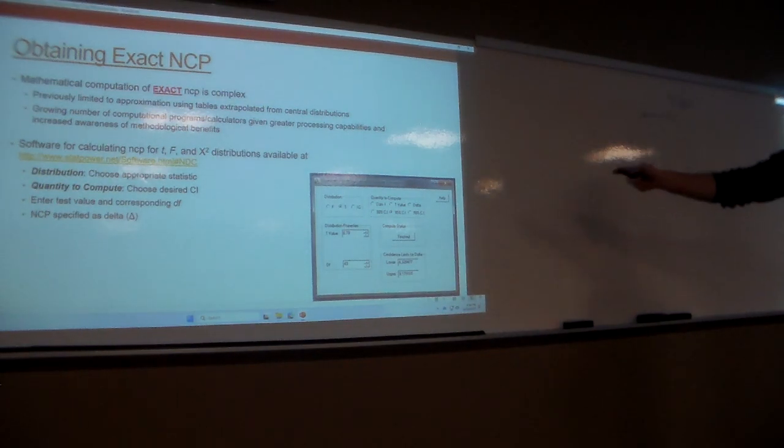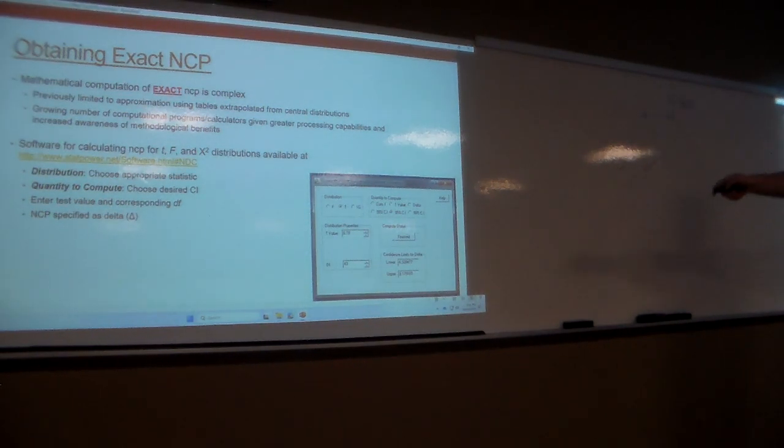But if I wanted to do this, here's a link to a little calculator that makes it really easy to get your non-centrality parameter. Here I've got a t statistic, f statistic, chi-square distribution. I just determine what distribution I want. Here I put in a t distribution.